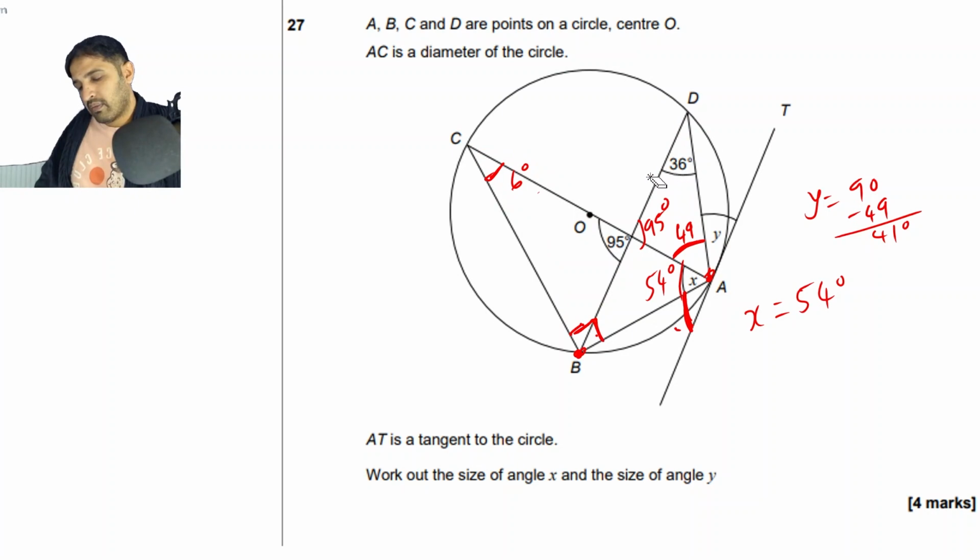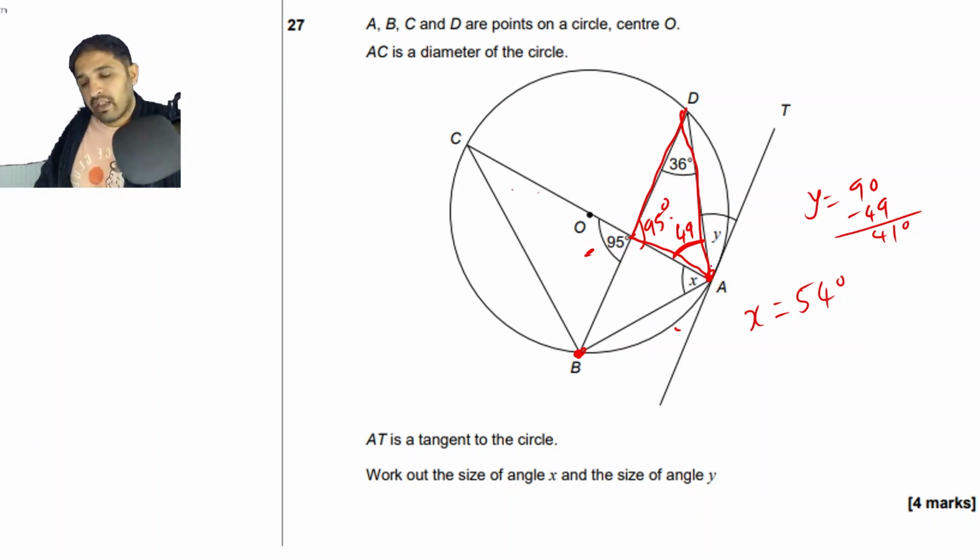And then once you've done that, we can use this small triangle here. We know these are opposite angles here, 95 and that's 95, so that has to be 49.